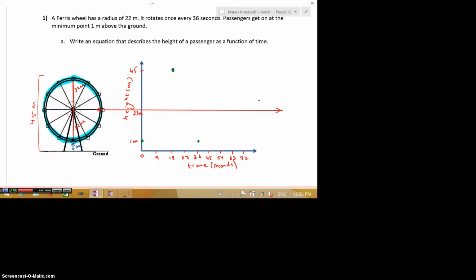If they're only a quarter way up the rotation, where are they going to be? At the midline, at the center of the Ferris wheel. Right? So quarter of the way at 9 seconds, they're going to be at the midline. Similarly, on the way down, 3/4 of the way into the rotation, they're going to hit the midline again.